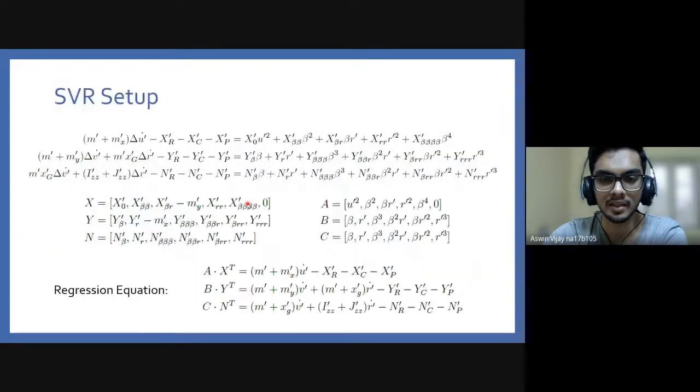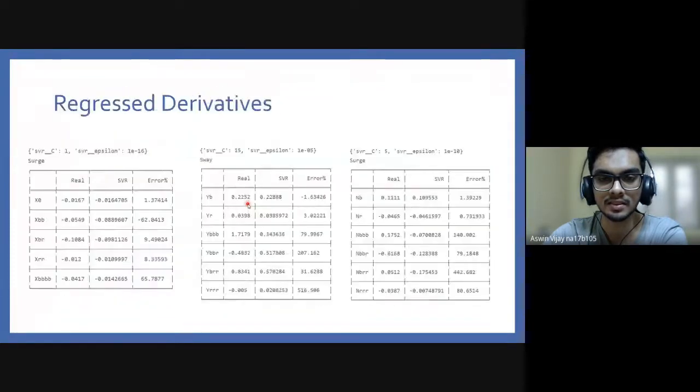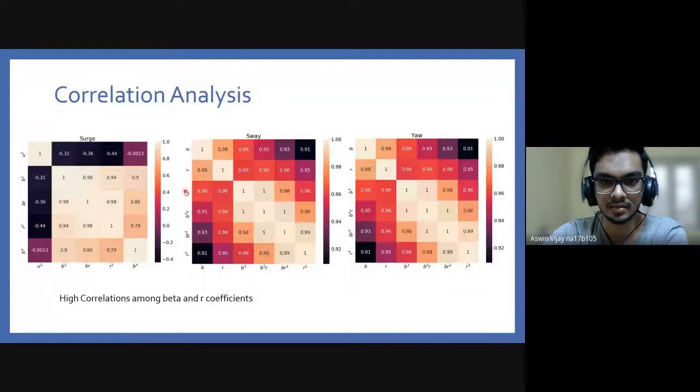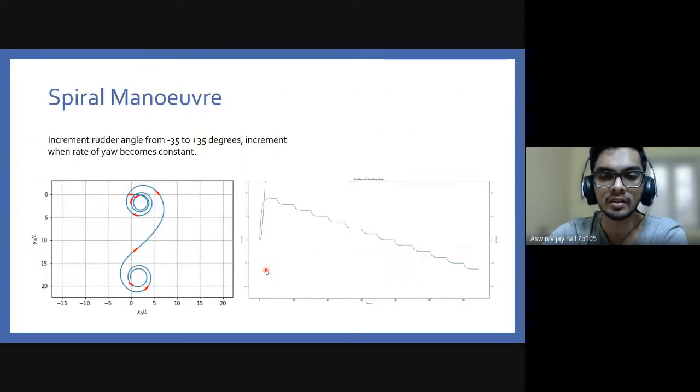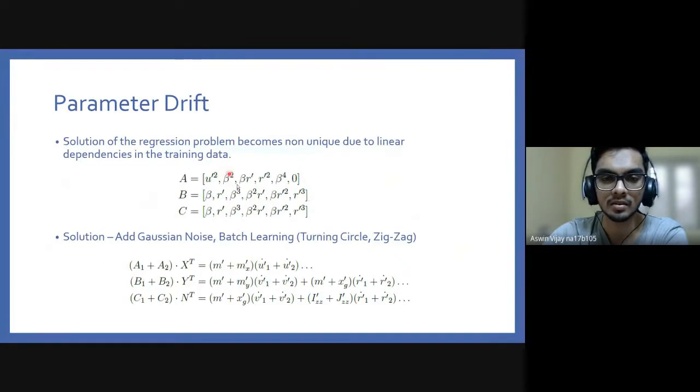What happens when parametric drift occurs is, you can see this table, right? If you look at this beta cube term here, you can see that it's highly correlated to the beta square r term. So in this table, beta cube and beta square r are highly correlated. And the coefficients that are pre-multiplied onto beta cube and beta square r are what the regressor tries to identify.